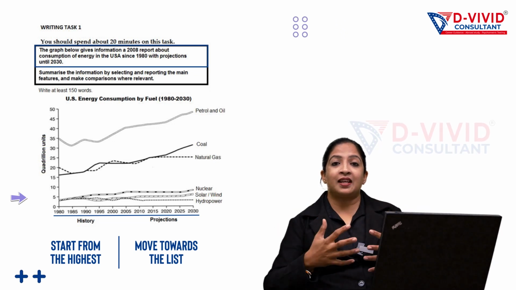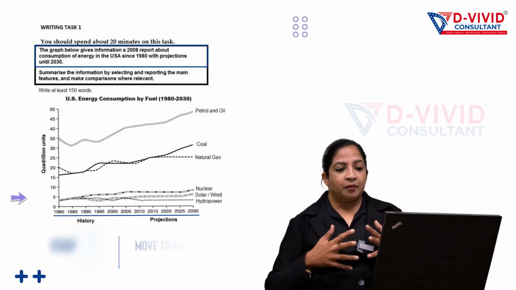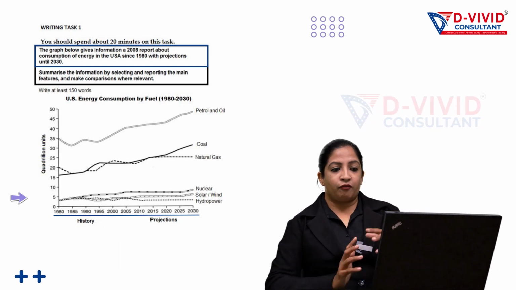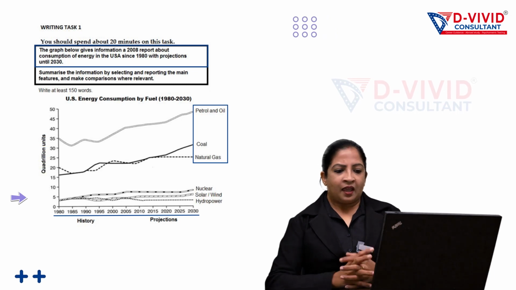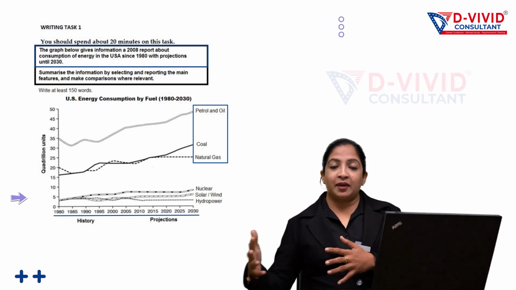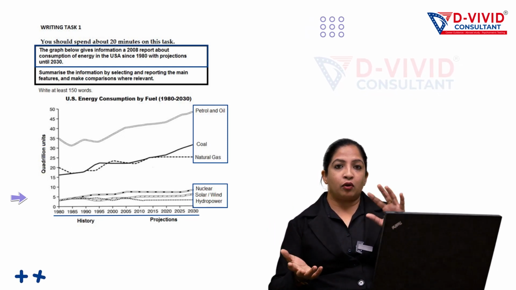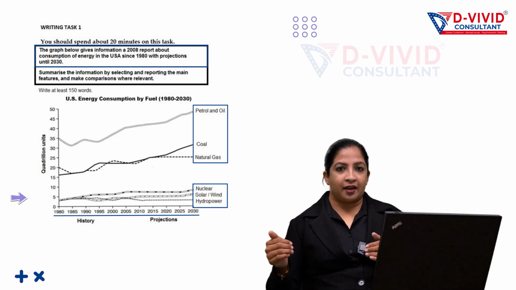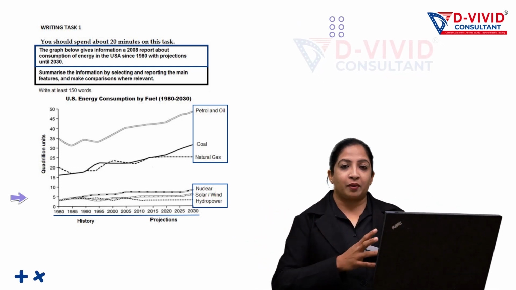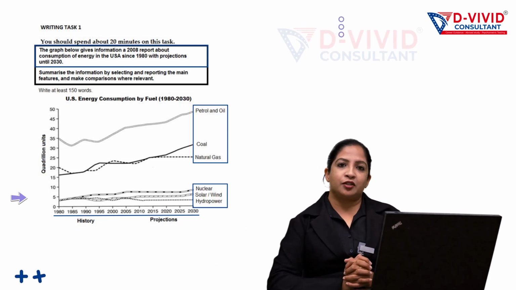So if I decide to start from the highest and move towards the least, my body 1 will consist of petrol and oil, coal, natural gas, and definitely the remaining 3 in my body 2. If I decide to go the opposite way, then definitely nuclear, solar, wind or hydropower will come in my body 1 and the remaining 3 will drop in body 2.